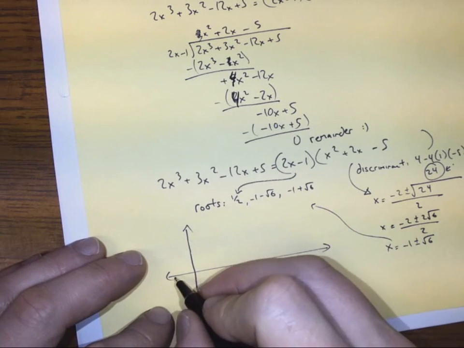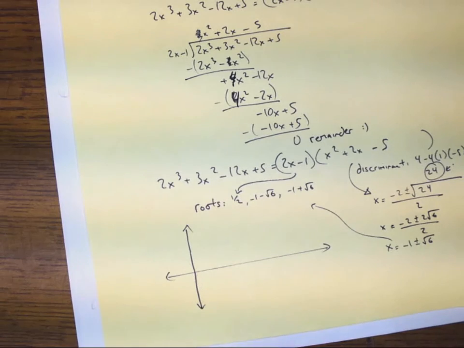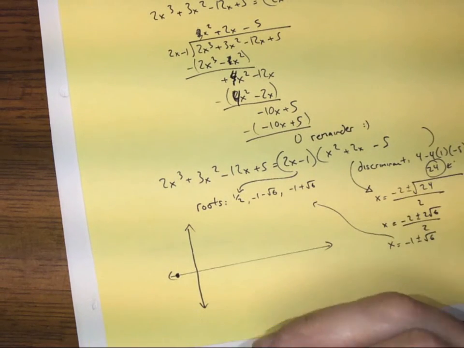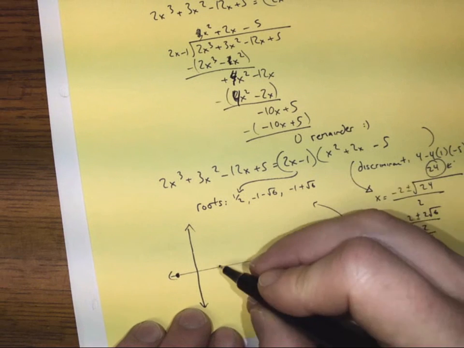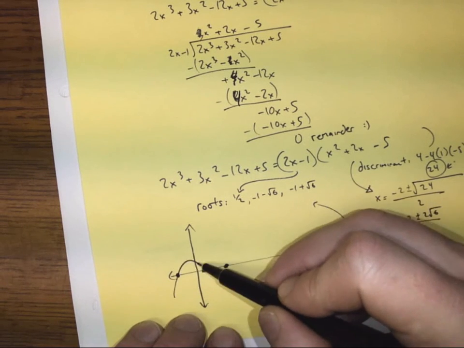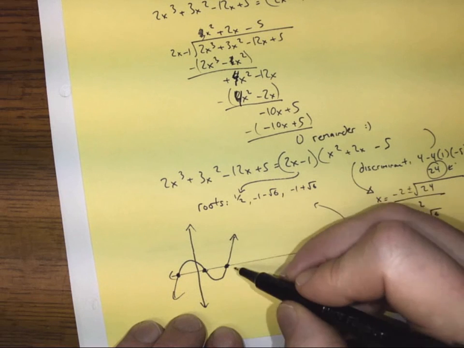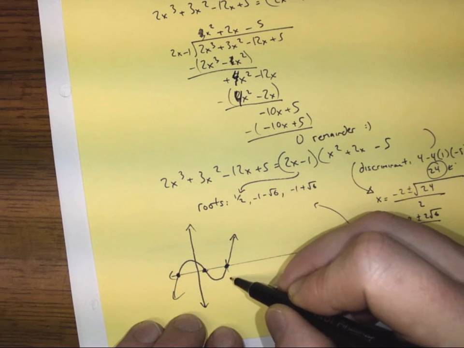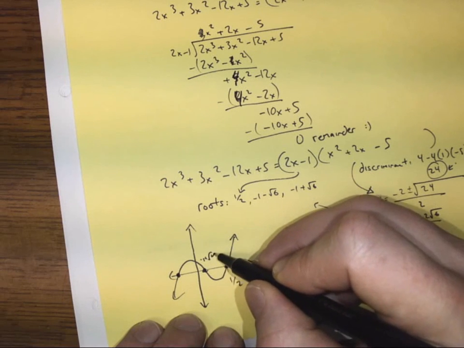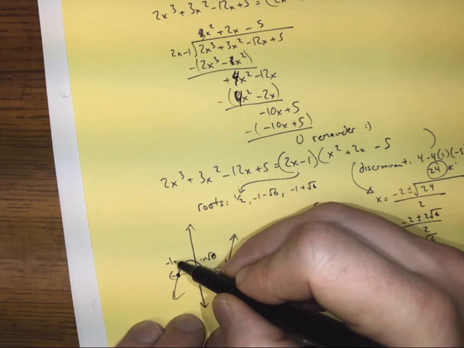I can say -1 take away root 6 is right here. I'm almost done, Bryson. -1 plus root 6 is right here, and 1/2 is here, and I may be kind of wrong, and that's just the way she goes. And there we go. Let me know if you have any questions.